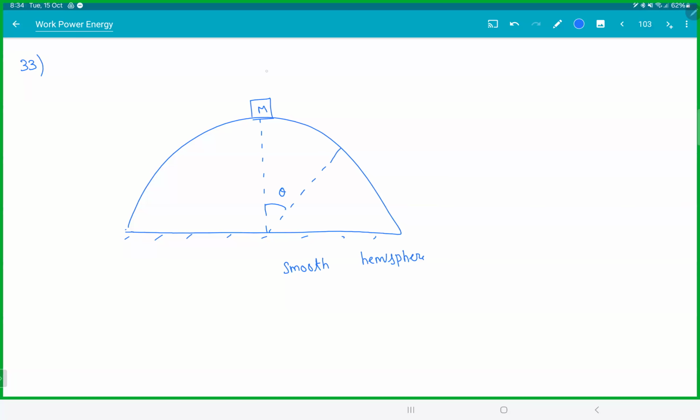So when it is gently pushed, this block will slide here and it loses contact here. Find theta when it loses contact. This is fixed. Hemisphere is not moving. It is smooth. Get it?